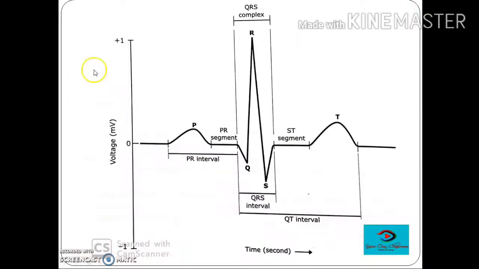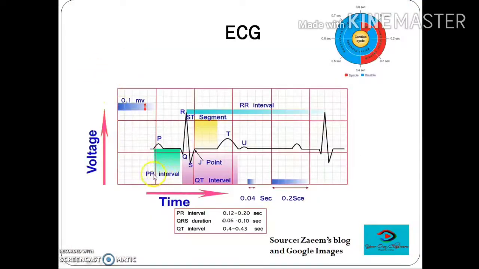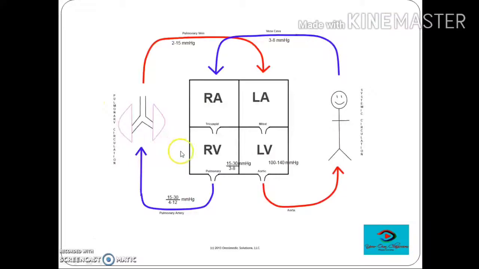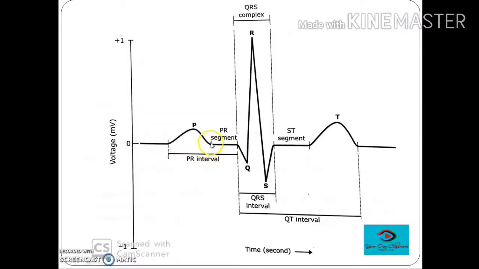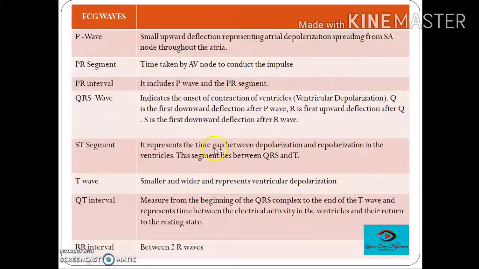And then there is a PR segment. So let's see, where is PR segment? PR segment, as you can see here, is at the end of the P wave and at the beginning of the Q wave. This PR segment is the time taken by the AV, atrioventricular node, to conduct the impulse.